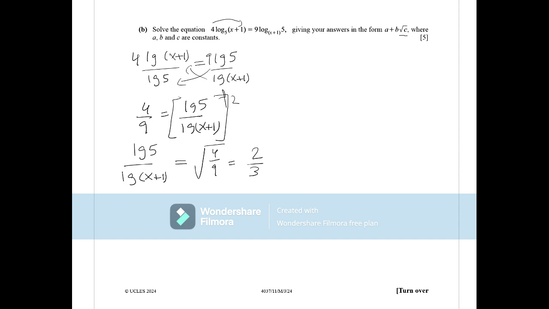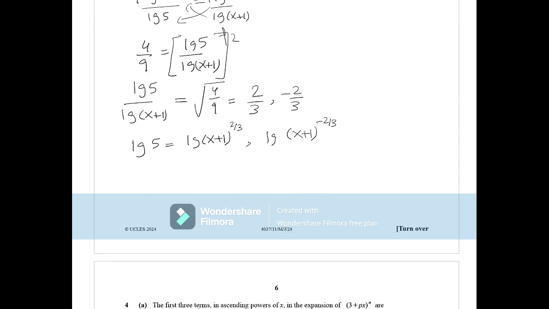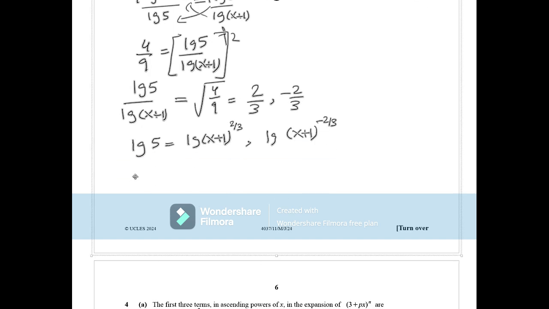I'm not going to omit the negative part. It's 2 over 3 or negative 2 over 3. So lg 5 is equal to lg x plus 1, and this whole thing goes as the power of it, and then lg x plus 1 minus 2 over 3. We're going to get two solutions.